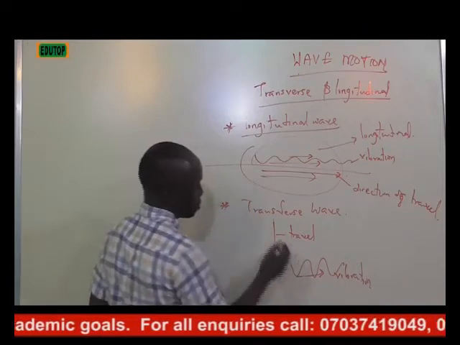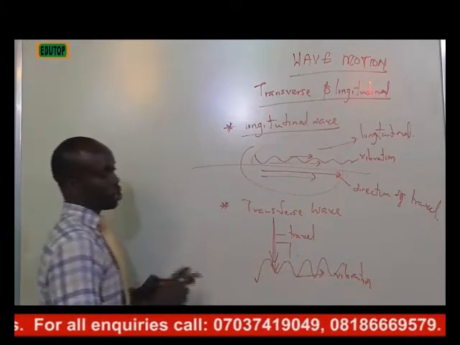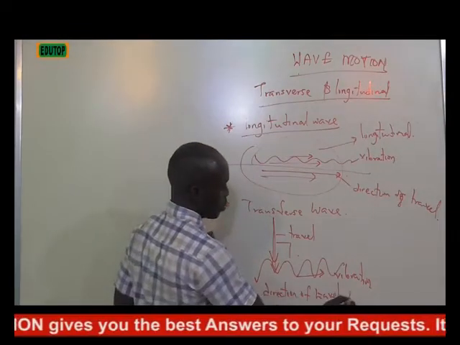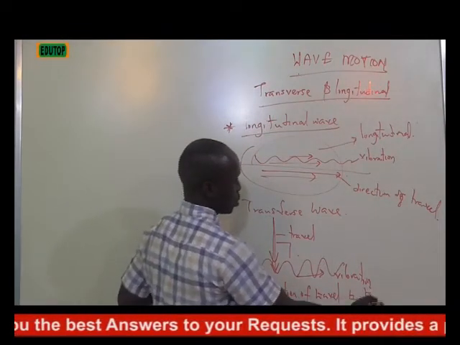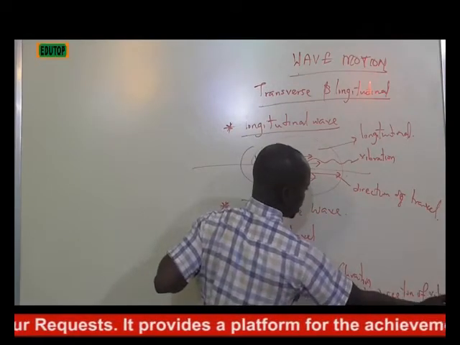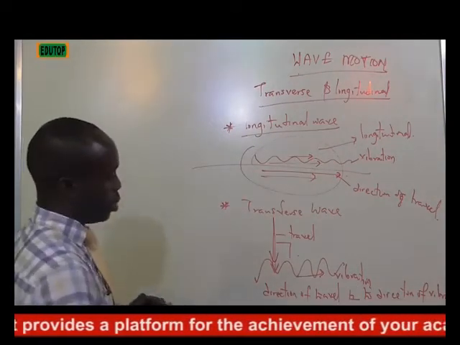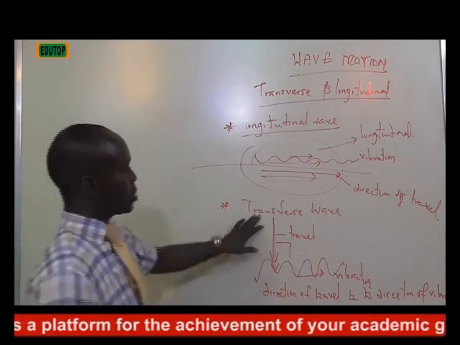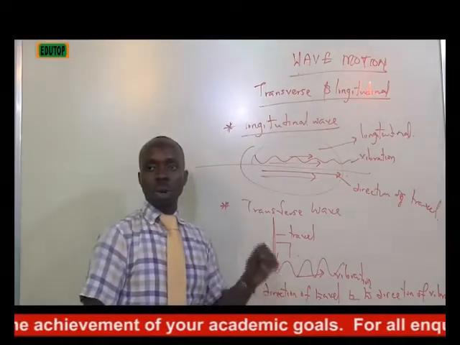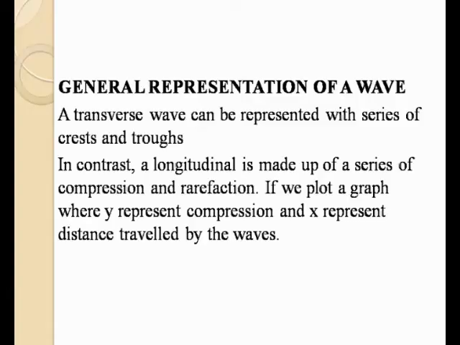They are almost at 90 degrees to each other. So the direction of travel is perpendicular to the direction of vibration. That analogy alone explains your transverse wave and your longitudinal wave.